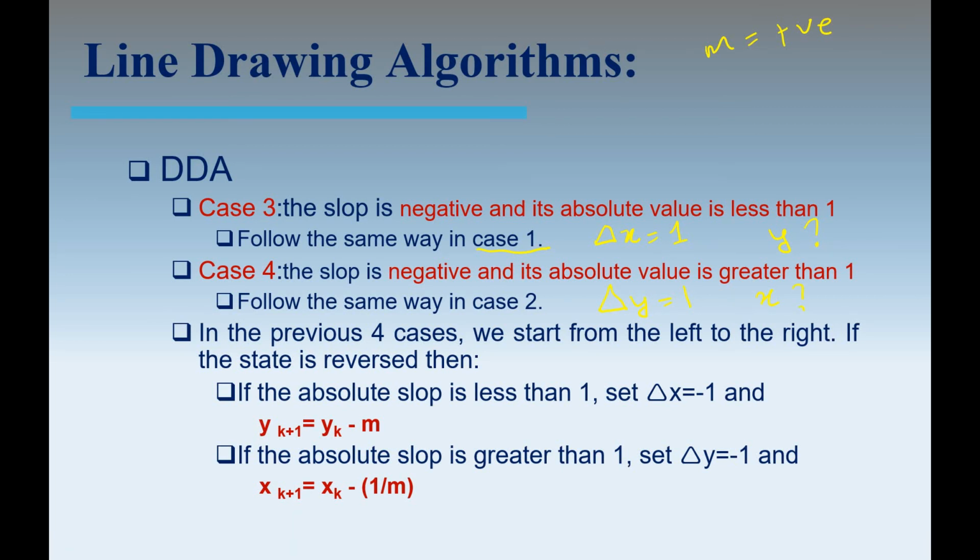In the previous cases, we start from left to right. If the direction is reversed, then if the absolute slope is less than 1, set delta x equal to minus 1 and y of k plus 1 equal to y of k minus m.